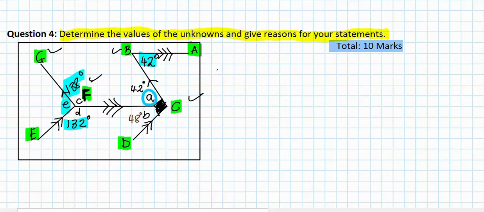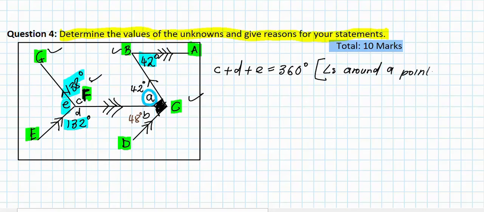So I know that if I add angle C plus angle D plus angle E, I must get how much? 360 degrees. And your reason for that, you're going to say angles around a point. Easy as that.